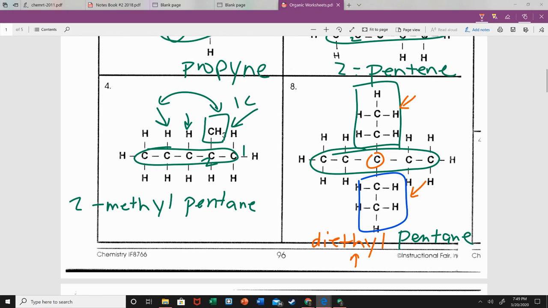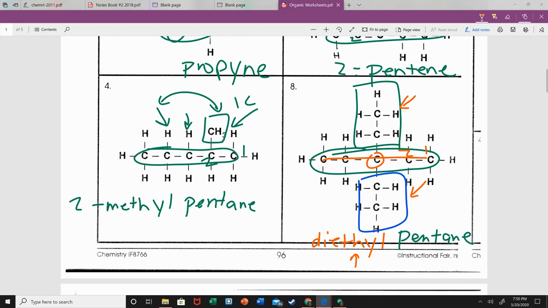So now the last step is I have to say location-wise on our main parent chain, where is each of those ethyls. Every branch gets a number location, just like every house on the street gets a house number, even if they're across the street from each other, like these are, right? So then I have to count in the shortest possible direction.